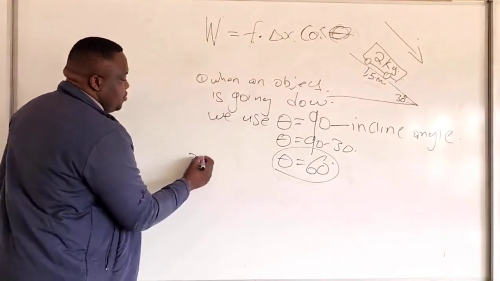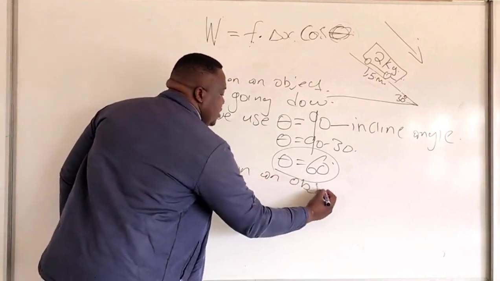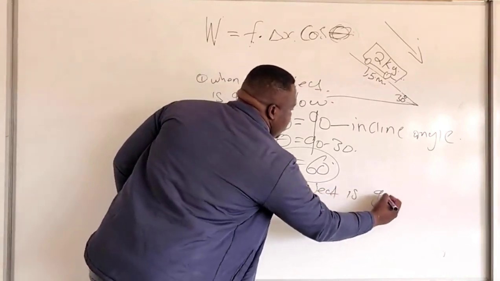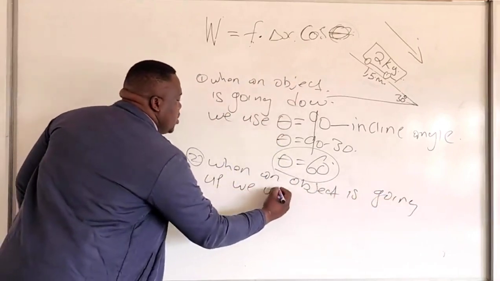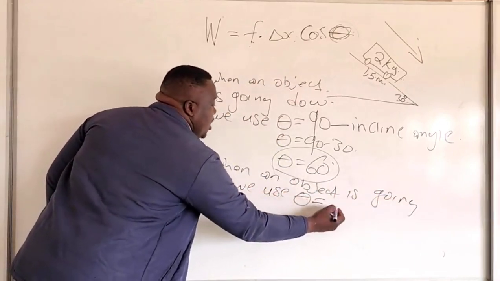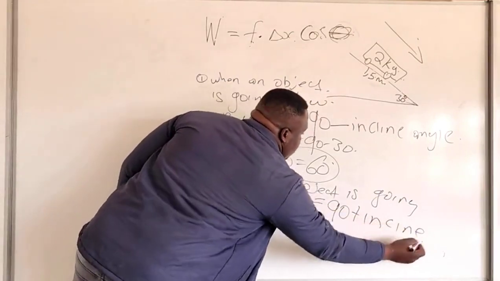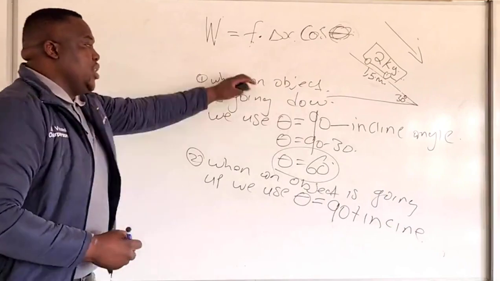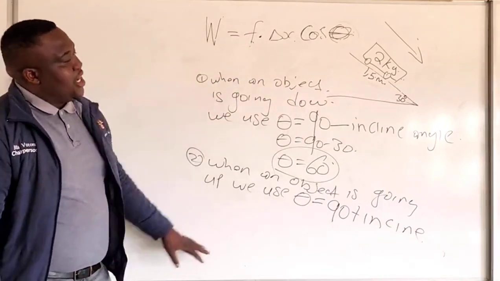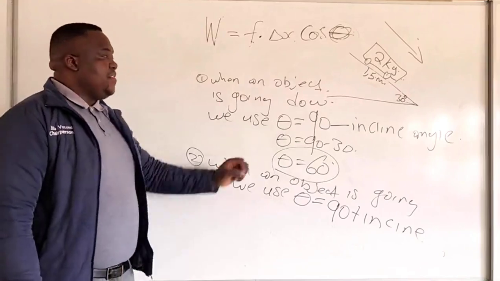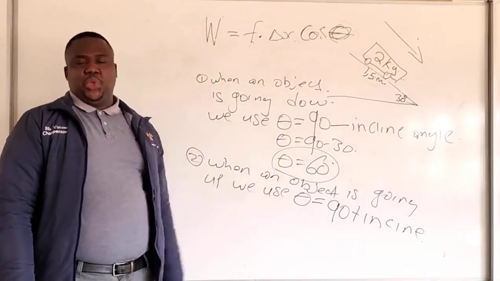Number two, when an object is going up, we use theta equal to 90 plus incline. Guys, this is what we need to think. That's why when I'm writing, it does not look much like physics. Even physicists may refuse for us to explain like this, but it is true.